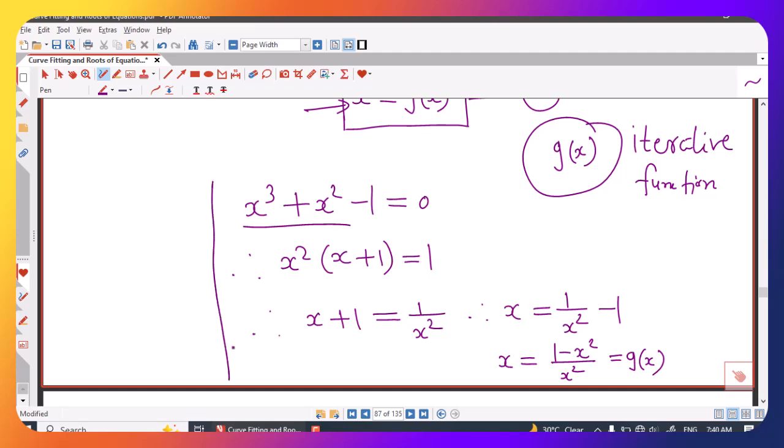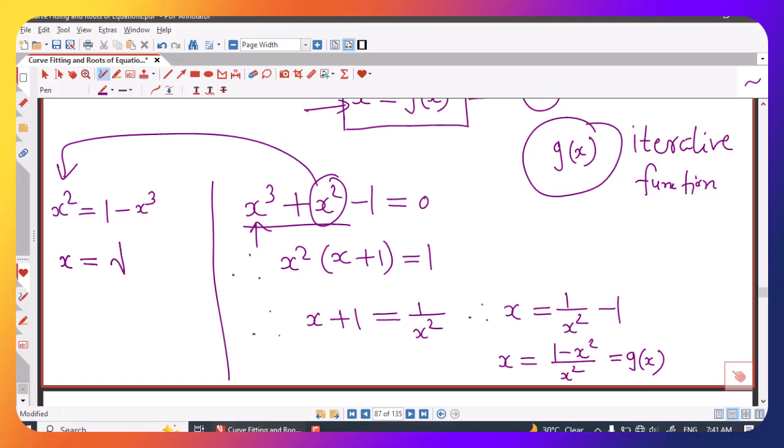You can rearrange in another way also. Suppose you write it in this form. I keep x square here and I transfer x cube and minus 1 to the right hand side. So I will have 1 minus x cube. That means x equal to the square root of 1 minus x cube.